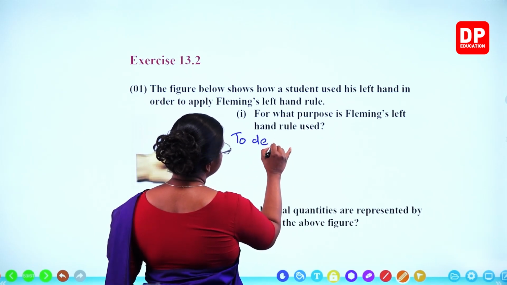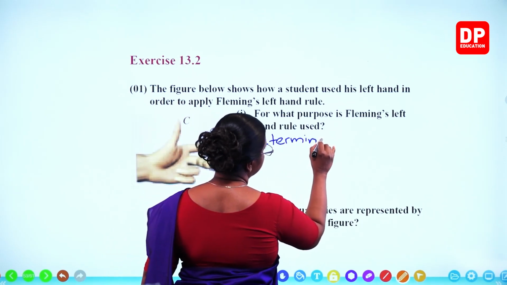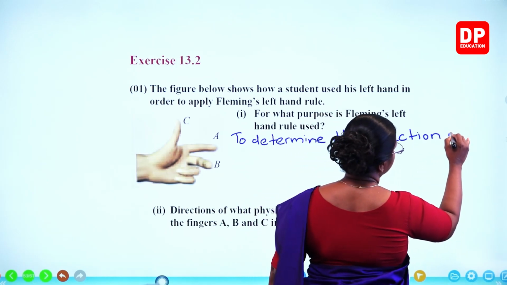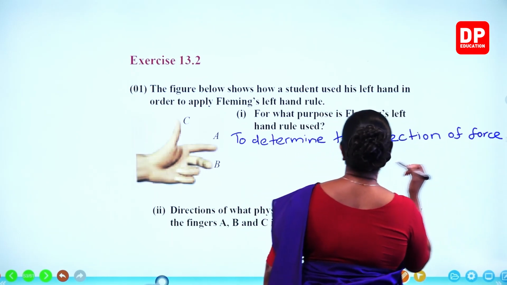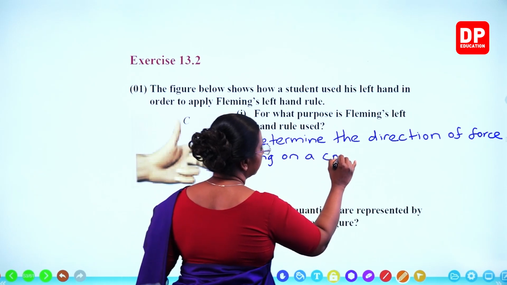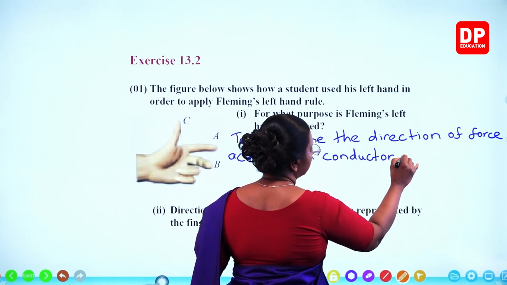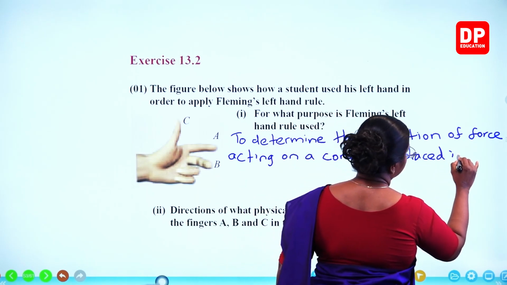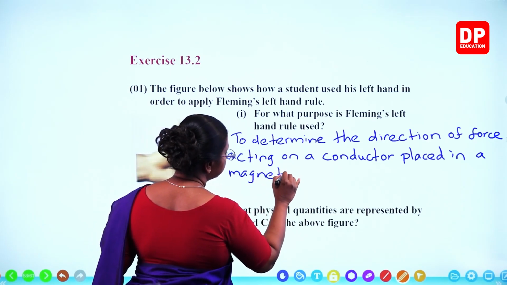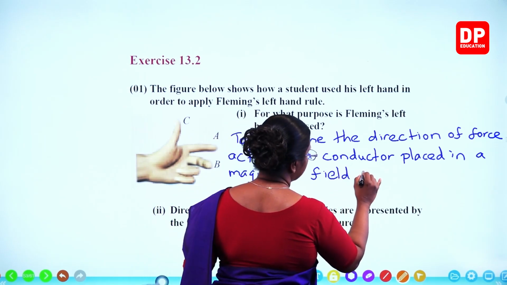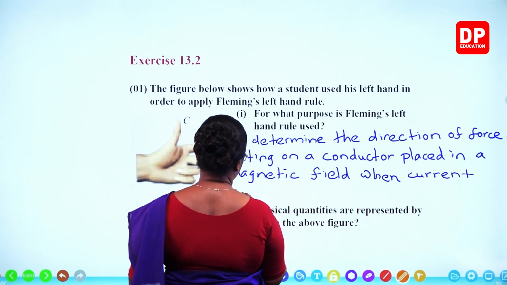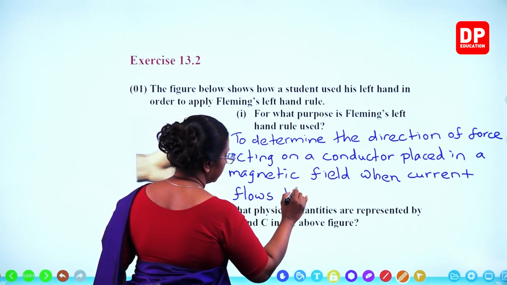To determine the direction of force acting on a conductor placed in a magnetic field when current flows through it.